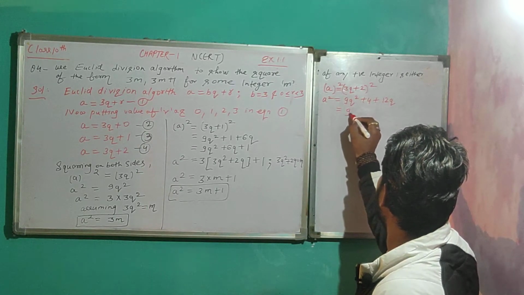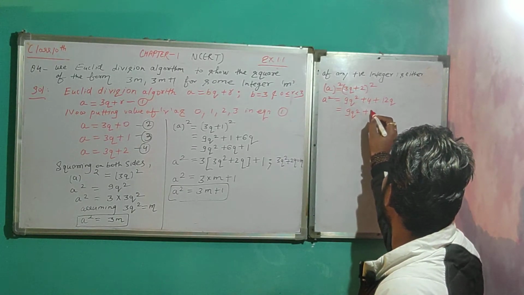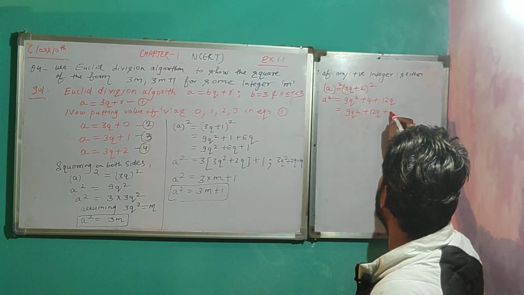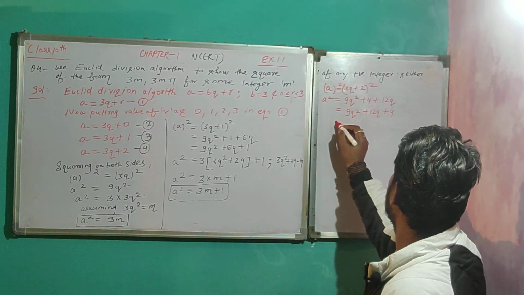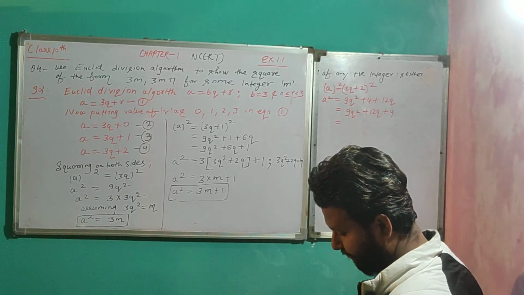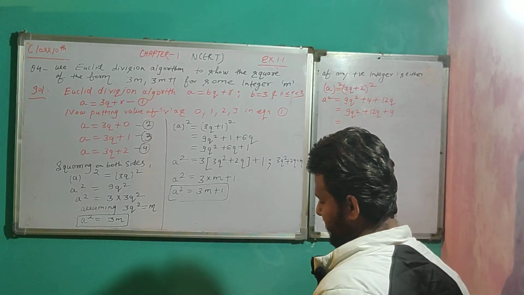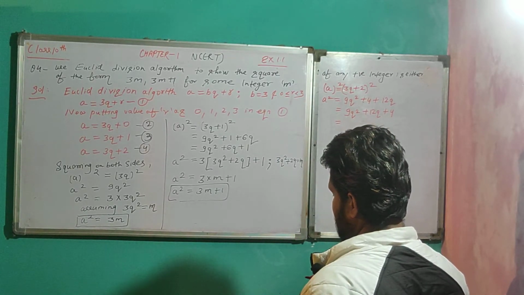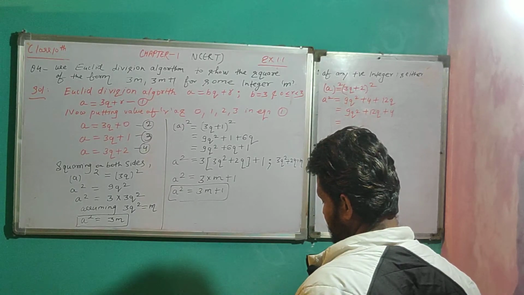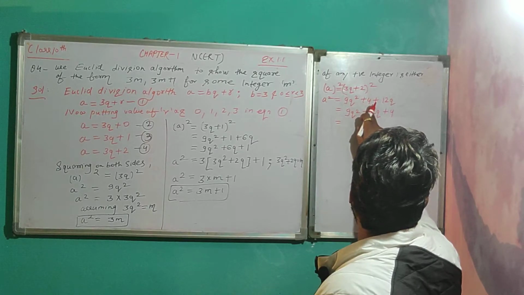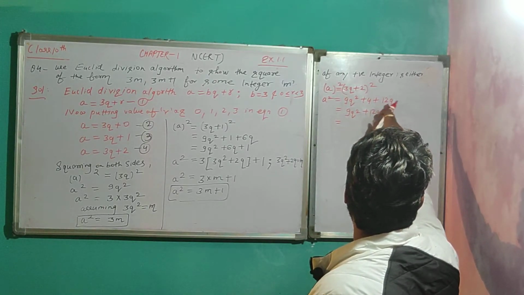Rearranging the terms, 9q square plus 12q plus 4.